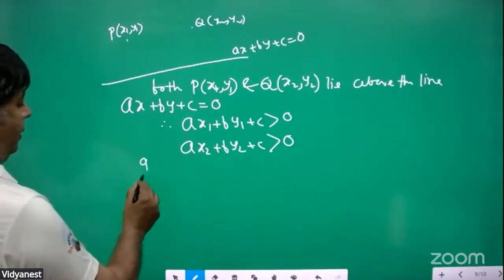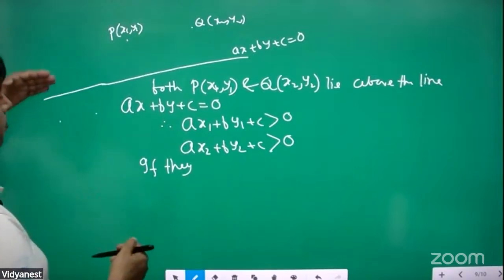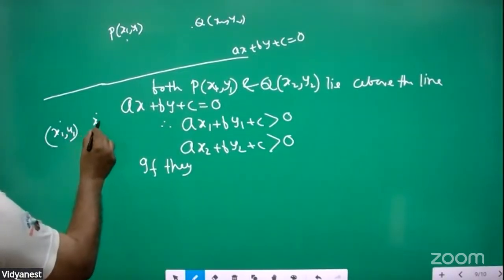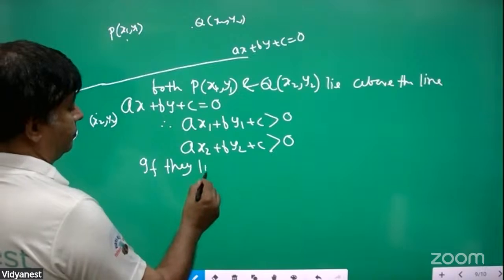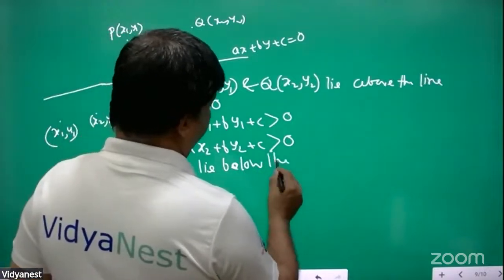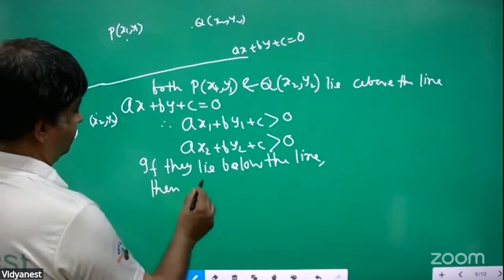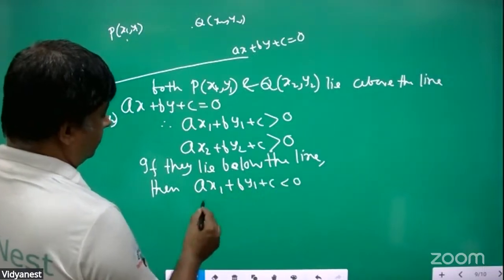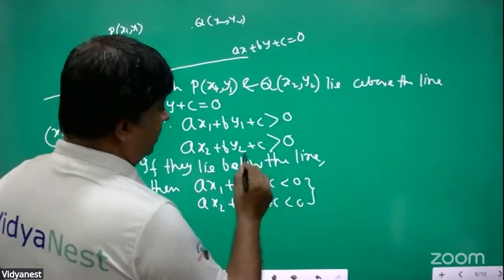And suppose they lie in the below part, suppose this point is (x1, y1) and this point is (x2, y2). If they lie below the line, then in both the cases it will be less than 0.